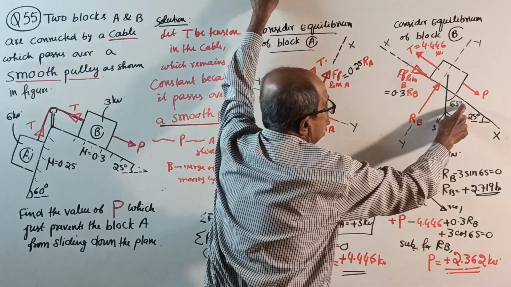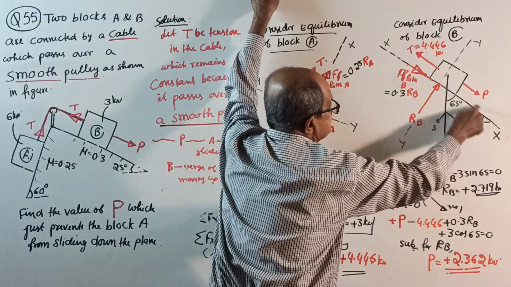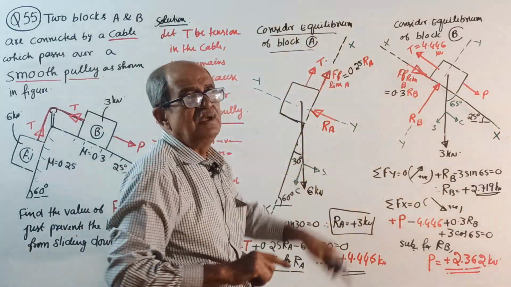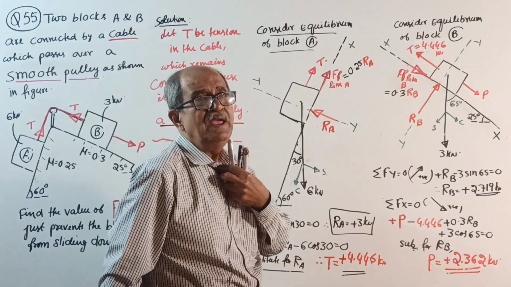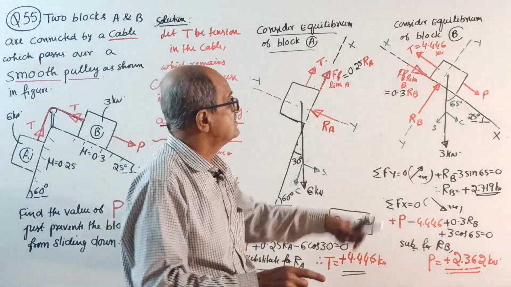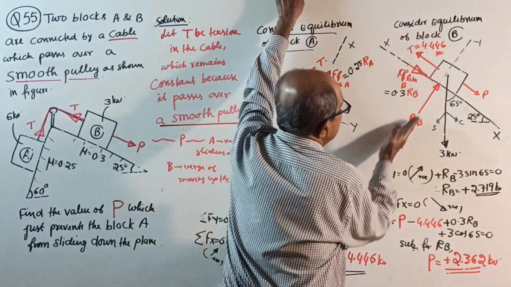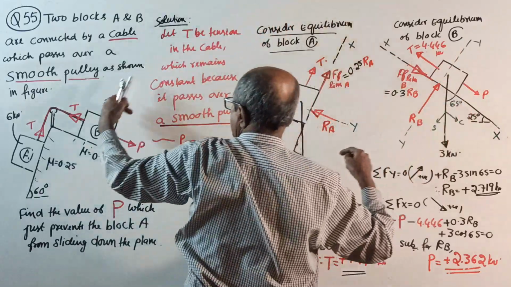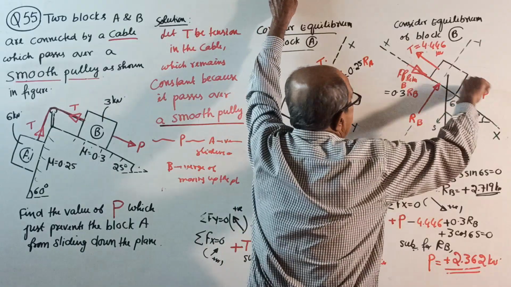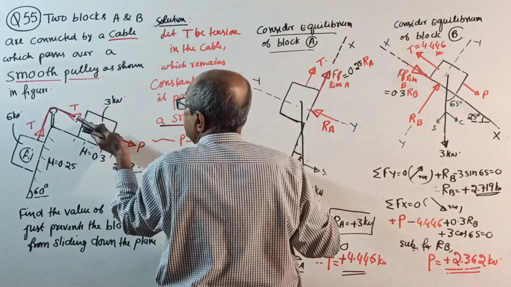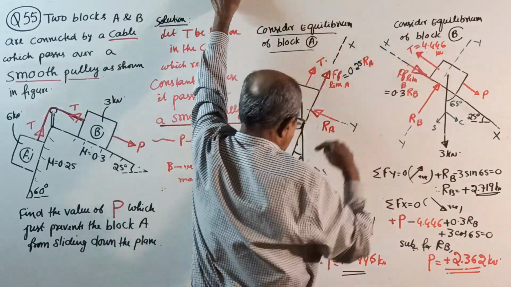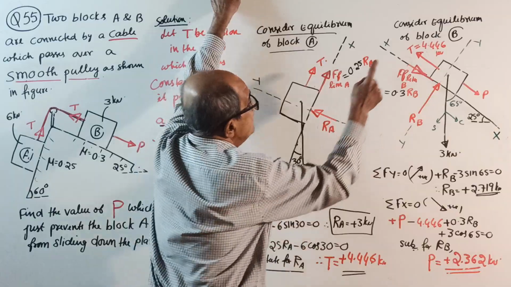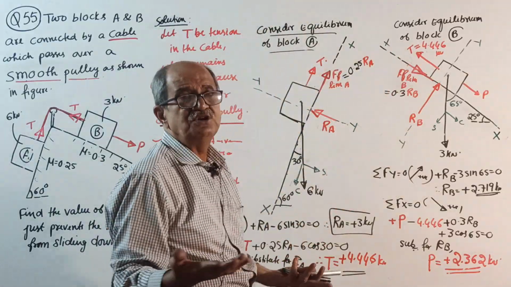If this is 25, this is 65 degrees with the X. I told you 1000 times: if you want cos along X and sine along Y, the angle should be with the X. Then normal reaction RB. Then this force P is along the plane. And tension T is like this. By this time, you know the tension. So enter that answer. Over question.